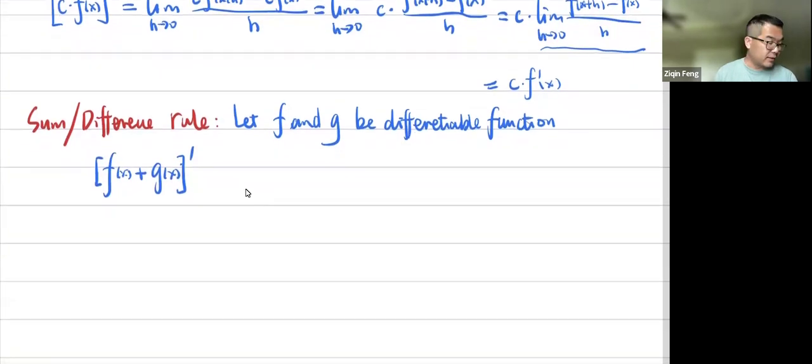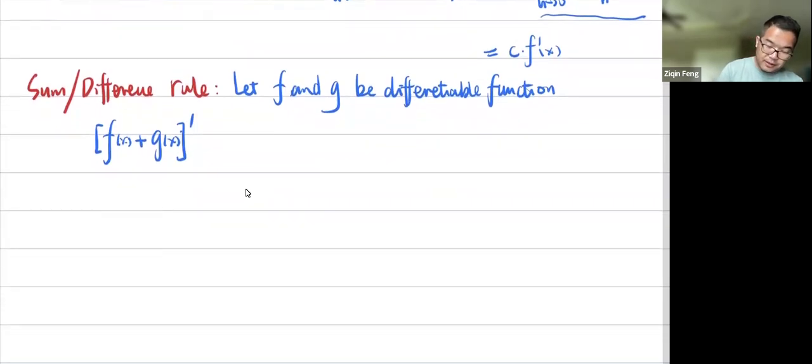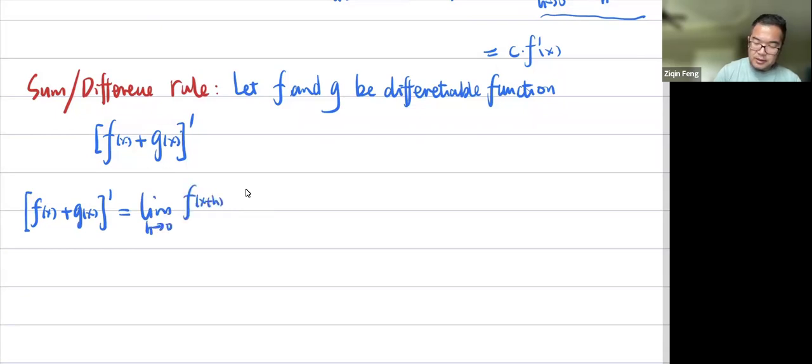Let's try to calculate that here, and then we write down the formula together with the difference rule, because these two rules are very similar to each other. f plus g of x prime equals, as h goes to 0, f of x plus h plus g of x plus h minus f of x plus g of x. That's our definition of derivative.